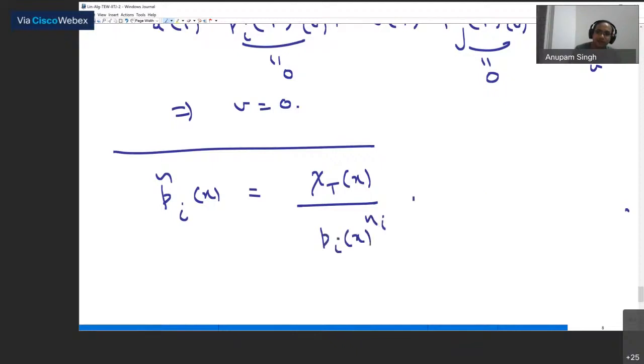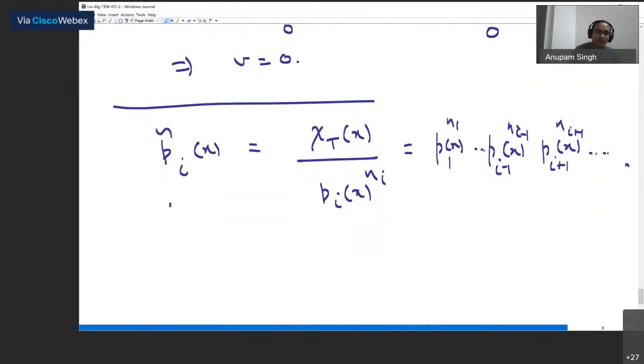So basically, this is going to be the polynomial P1(x) to the power N1 up to P(i-1)(x) to the power N(i-1), and then I will miss Pi, and then I will get P(i+1)(x) to the power N(i+1), and so on. Right.